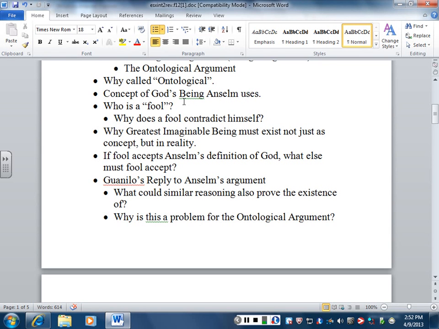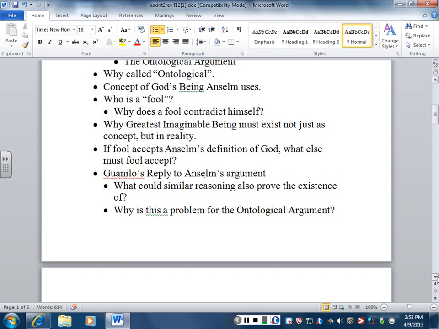Why is this a problem? Well, it shows that the reasoning Anselm uses must be suspect. In other words, if you could prove something like that with that reasoning, then you want to say there's something wrong with the reasoning. This is why it's a criticism of the argument.